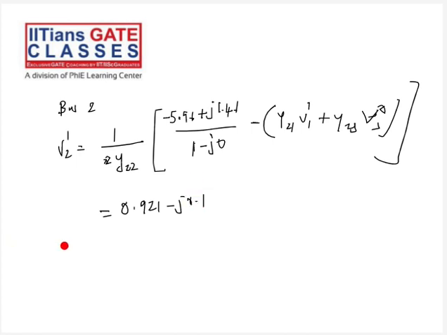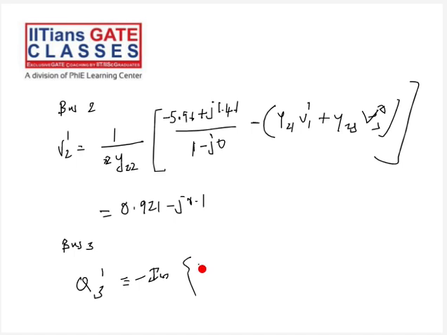And at bus 3, we calculate the reactive power as Q3 dash equal to minus the imaginary part of the substituted values, right?